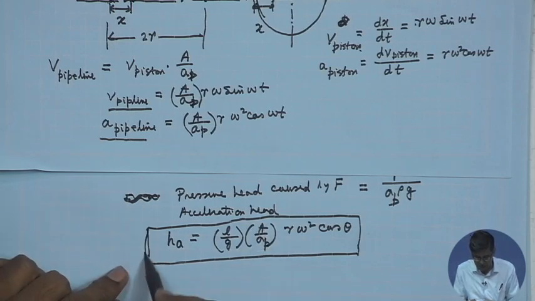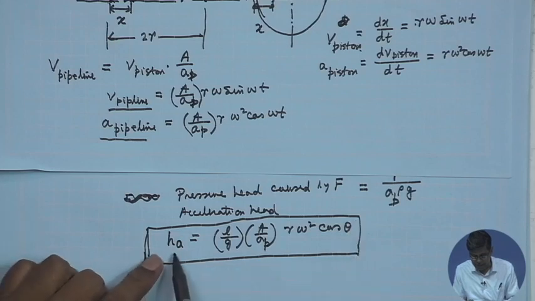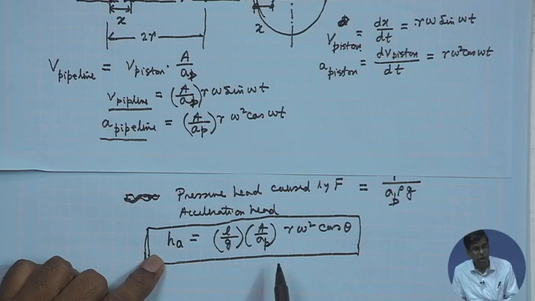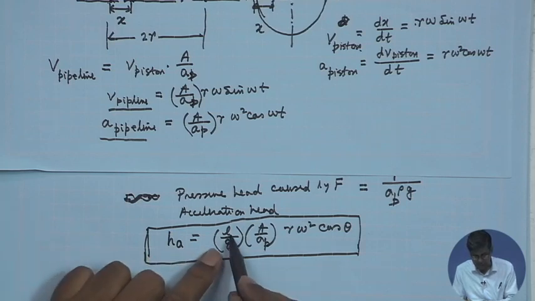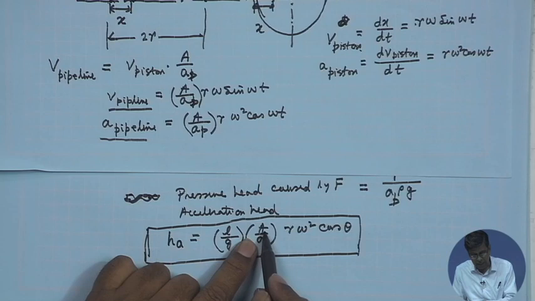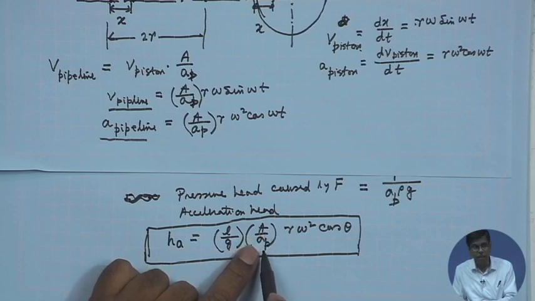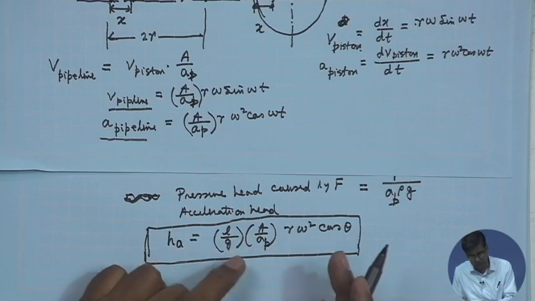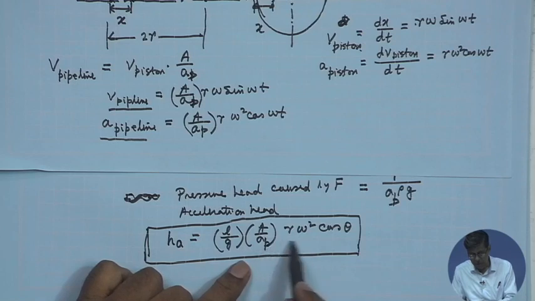So, we are more interested in the acceleration head in the suction or delivery pipes, and this is the expression: L by g, where L is the length of either the suction or delivery pipe, A is the area of the cylinder, AP is the area of the pipeline, which may be suction or delivery, times r omega square cos theta, where theta is the crank angle.